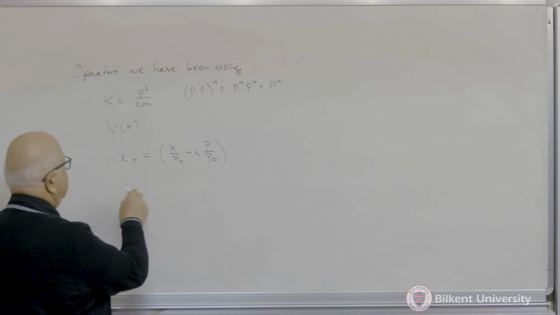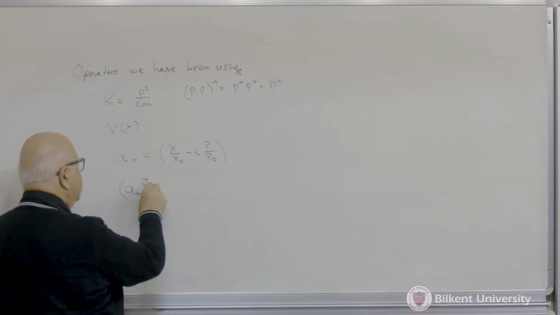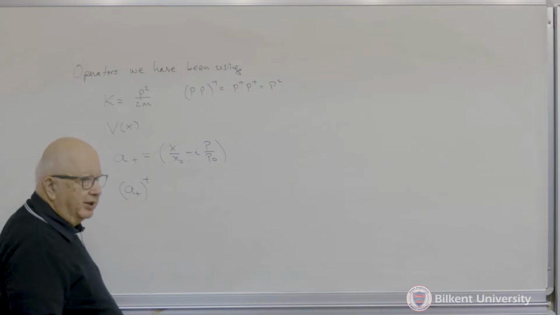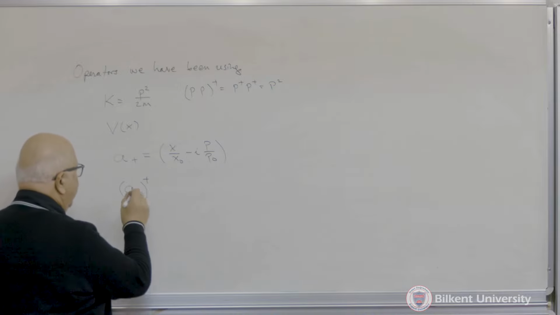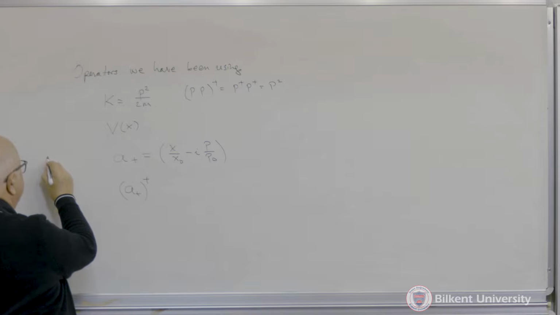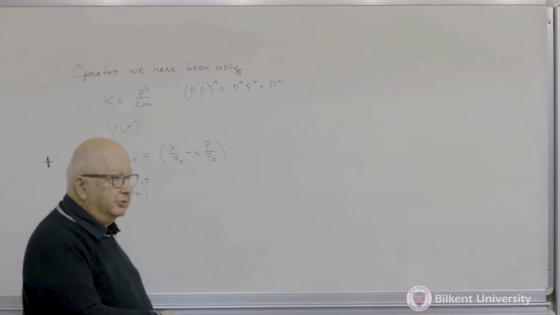In fact, if you look at A plus dagger, sorry for the notation, A plus is the raising operator in the harmonic oscillator, and this is a dagger. It's not really a plus, but if you look at your textbook carefully, you see that it's a type of knife that Macbeth uses to kill lots of people.